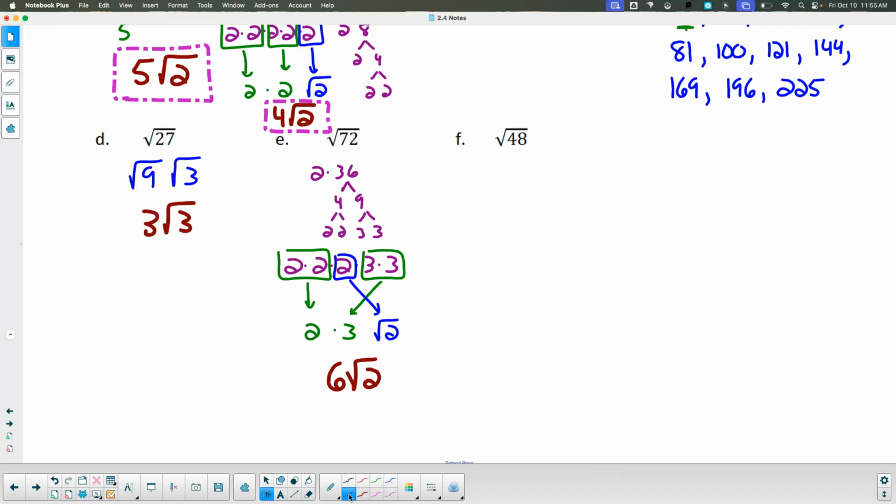48 is 8 times 6. 8 is 2 times 4. 6 is 2 times 3. 4 is 2 times 2. So 48 is 2 times 2 times 2 times 2 times 3.